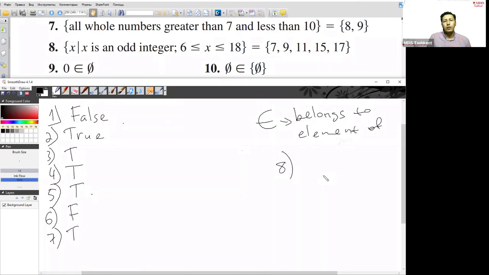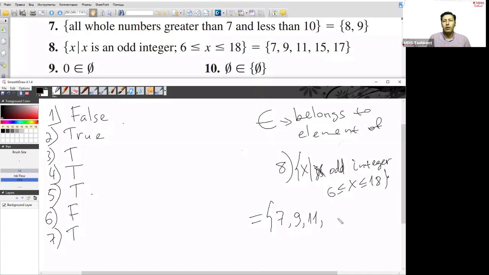x is an odd integer, and it is between 6 and 18. So the odd numbers between 6 and 18 are 7, 9, 11, 13, 15, and 17.